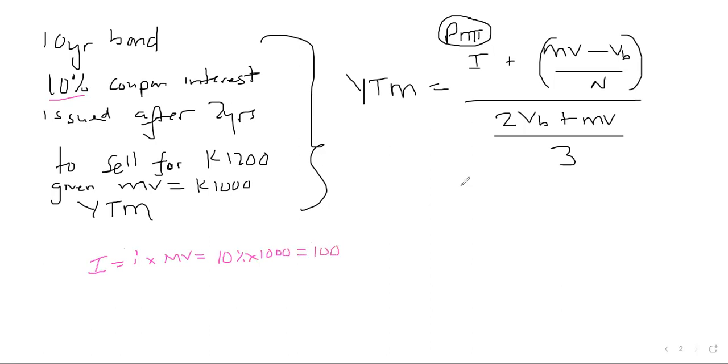Yes. So I becomes 100. Where there's I, put 100. The maturity value is 1,000. The selling price of the bond is 1,200. And what is our period here? 2 years. It was 8 years. Why 8 years?